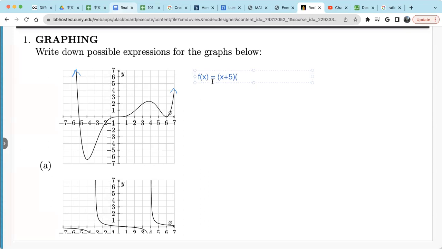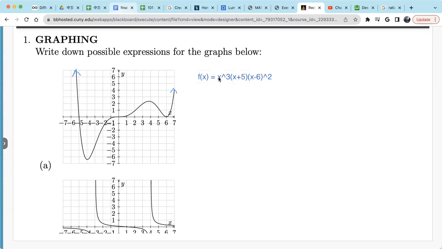That means we have x cubed. Remember, wiggles means x cubed. So that also means x equals 0 is a root with a multiplicity of 3. Then we see 6. At 6, it's a multiplicity of 2, if you remember, so we make a square term.